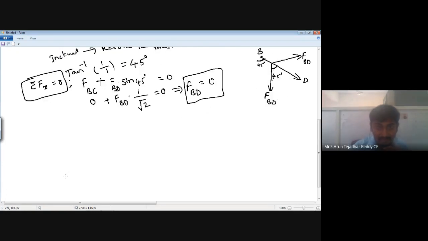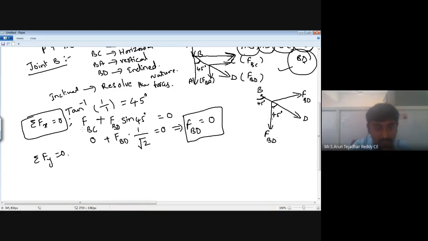And is there any need for sigma vertical force is equal to 0? Basically no need, but once we apply it, all vertical forces are 0. Why? Because up to now we have completed all forces, but whether it is correct or not, we don't know. So once we apply it, we will calculate the vertical forces also.